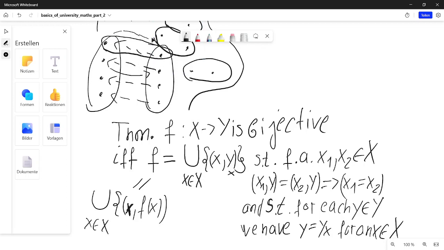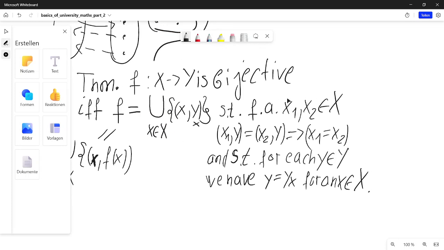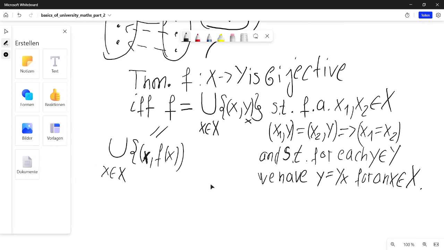So a mapping gives exactly a separation in such pairs, right? This is just stated here in terms of this union with certain properties, right? And the proof is just obvious, right?